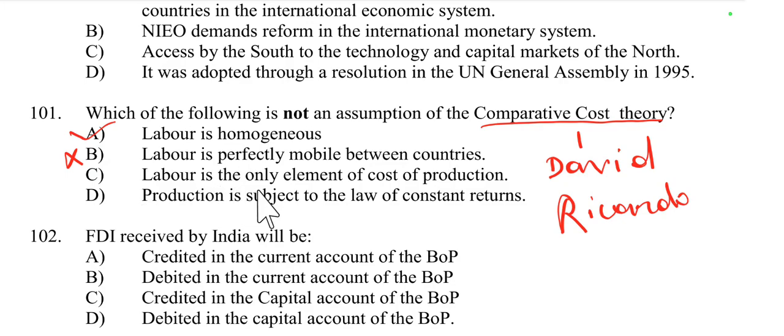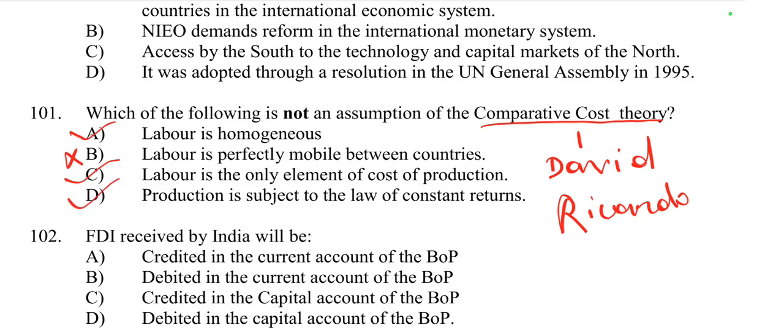Then option C, labor is the only element of cost of production. So yes, this is right, because the theory assumes that labor is the only or sole input in the production process. This simplifies the model by not considering other factors like capital or land. Then option D, production is subject to the law of constant returns.